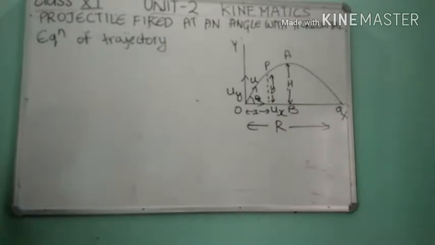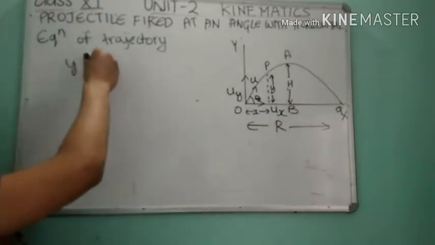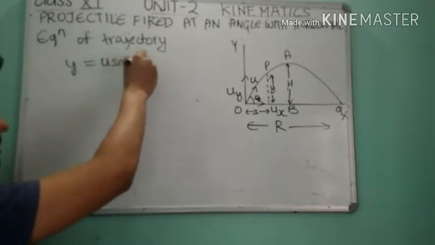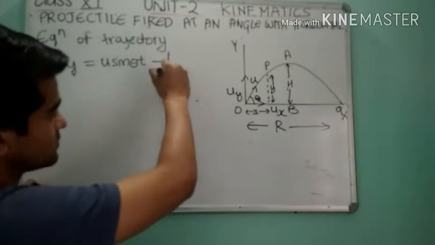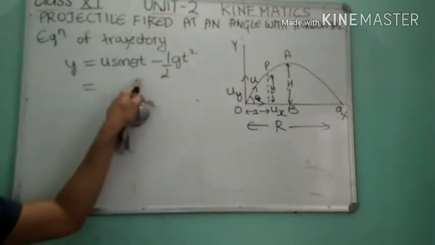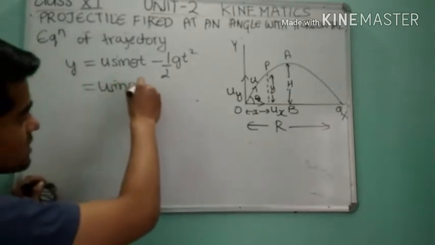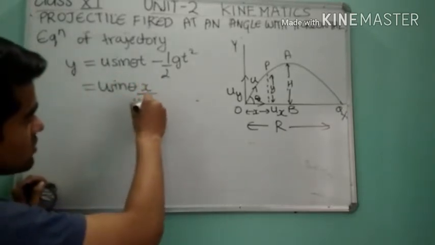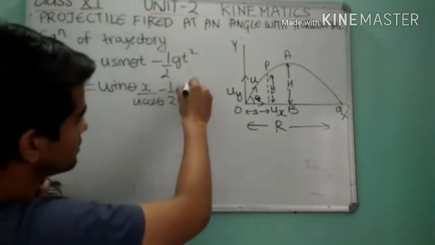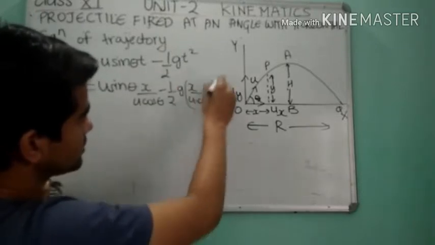Next topic is equation of trajectory. We have seen that y comes out to be u sin theta t minus half g t square. Putting the value of t from the first equation, t is x upon u cos theta, y is u sin theta times x upon u cos theta minus half g times x upon u cos theta, whole square.